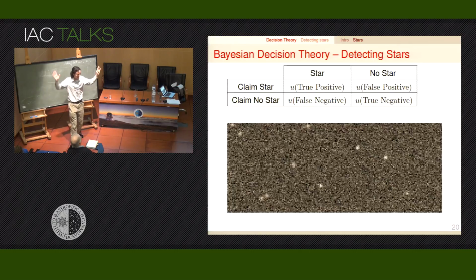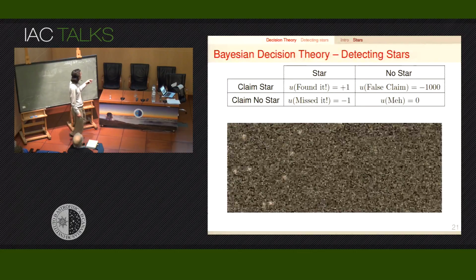Yeah, okay, I wrote it down right. Hooray. The true or false is whether you got it right, and the positives and negatives are whether your claim was that there was a star or not. It's going to be just a scalar for each of those, a constant for each of those possibilities.